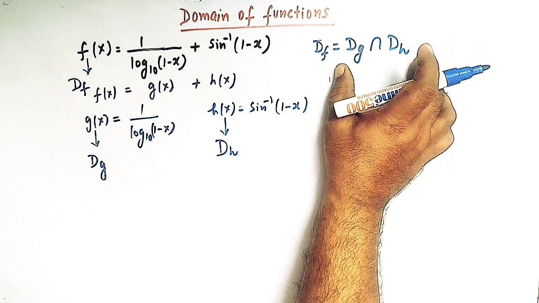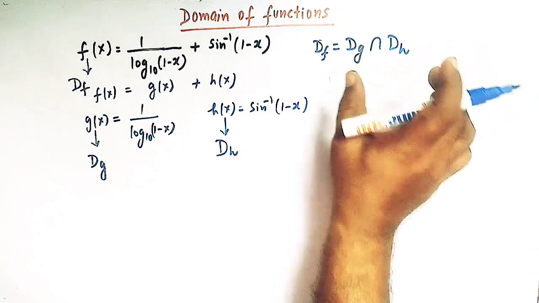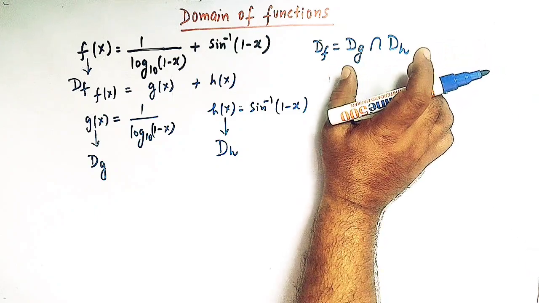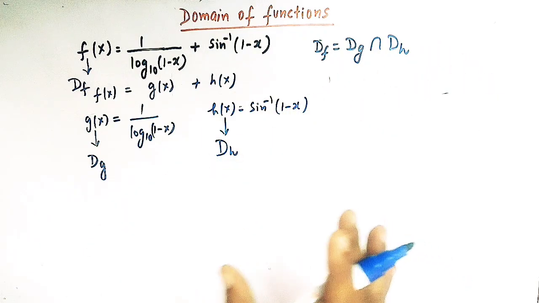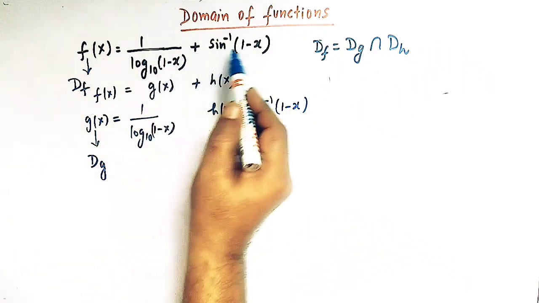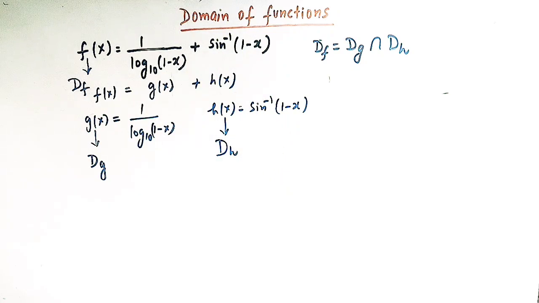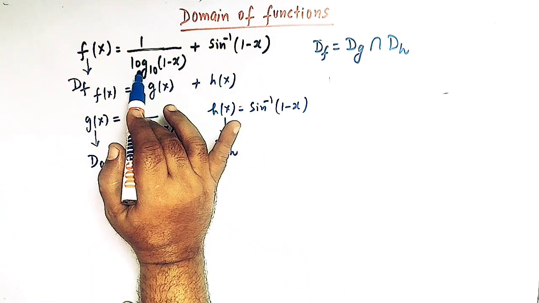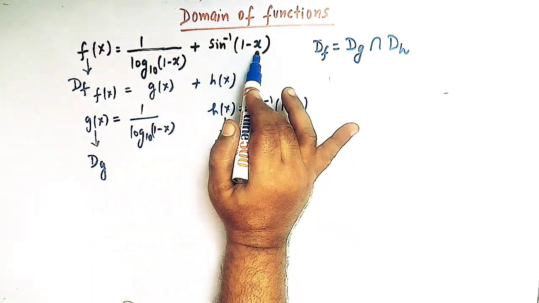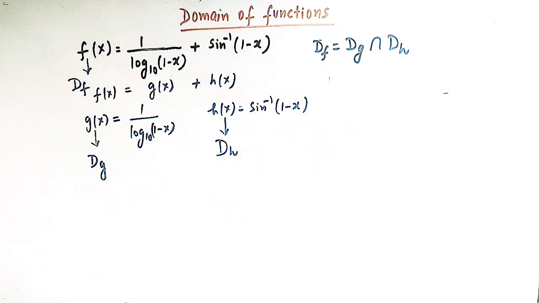So this intersection implies that we have to take only the common values of x which satisfy both these functions simultaneously, right? We have to discard all those values of x which make either this function undefined or this function undefined.